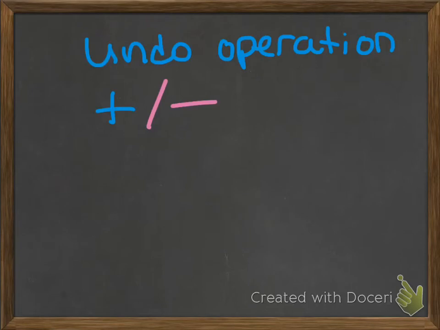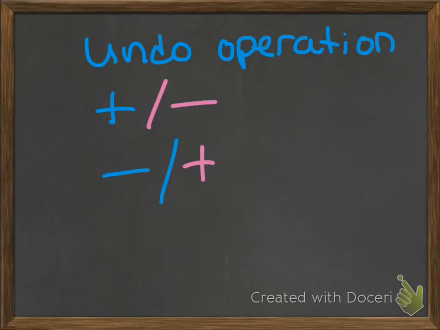If I wanted to undo subtracting something, then I would add it back. It's kind of like if somebody took $2 from me. If they wanted to undo taking that money from me, they would give me back $2, right? So if they took it away, they'd undo that by giving it back to me, adding it back to my amount of money.